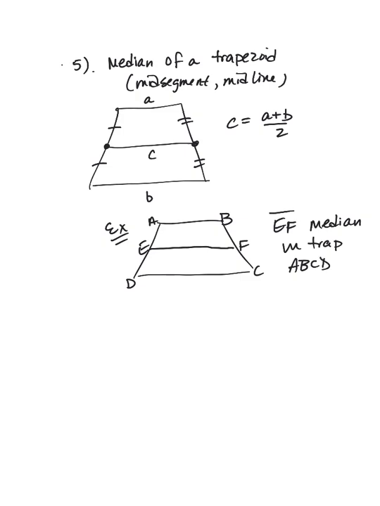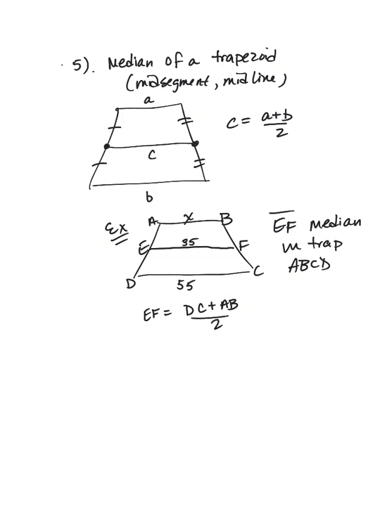And then let's have you work backwards so we don't make it too easy. Let's say EF is 35 and we'll say DC is 55, and we want to find AB. So the formula that I gave you above would be that EF is DC plus AB divided by 2.